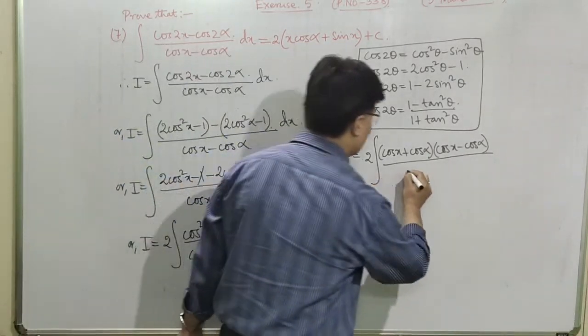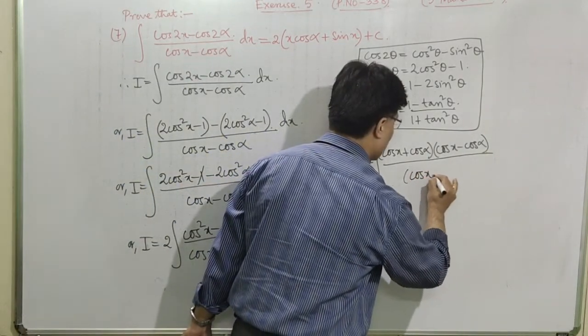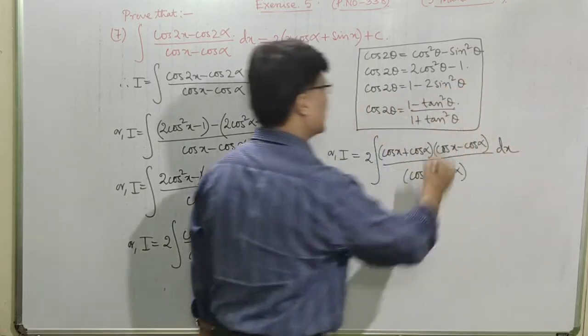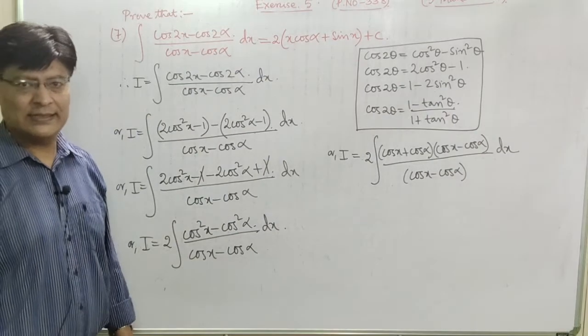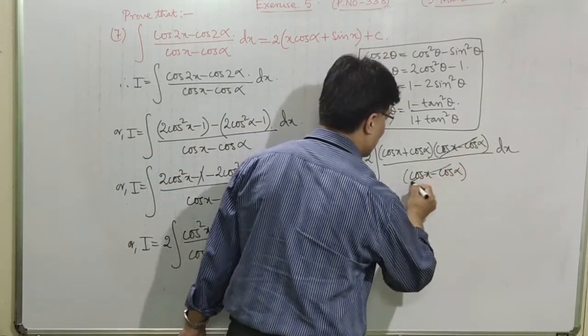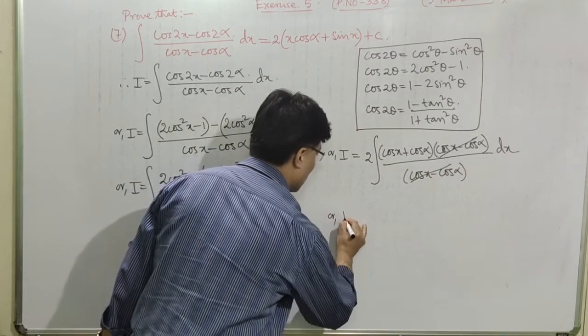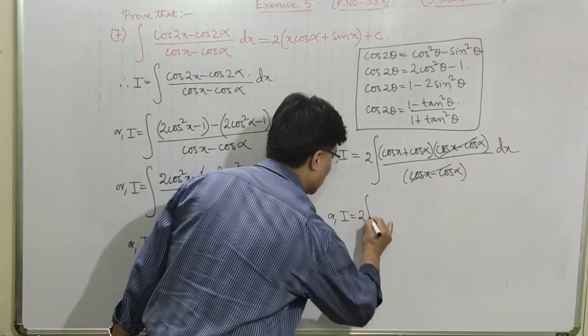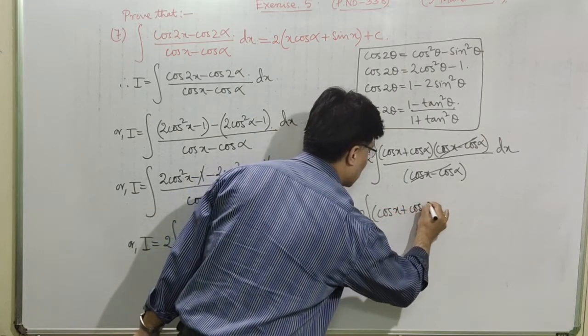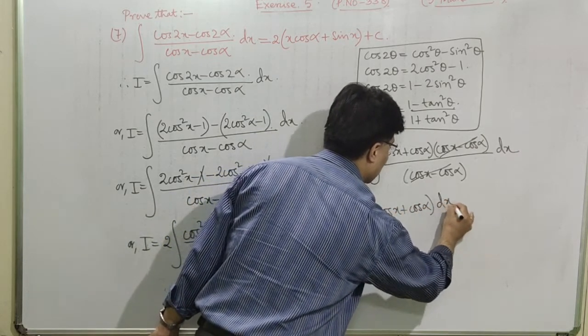So it is cos x minus cos alpha. Then what do we write there? dx. Understood? So now here this cos x minus cos alpha will be cancelled. So or I is equal to 2 integration of cos x plus cos alpha, bracket close, dx.